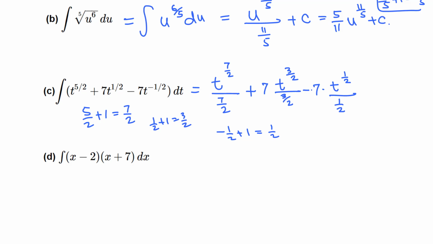Okay, that is the antiderivative of each of these three terms. And we get plus c plus c plus c, and we can just write collectively one constant. Now we are done. We might want to simplify to write the final answer.